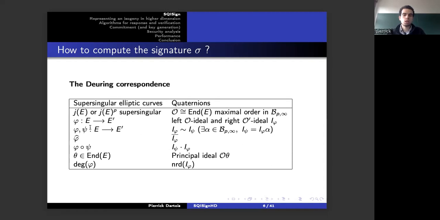Two isogenies with the same domain and codomain correspond to equivalent ideals in the quaternion world. The dual corresponds to the conjugate, and the composition corresponds to the multiplication of ideals. If we have an endomorphism, furthermore, it corresponds to the principal ideal generated by this element. And the degree is, of course, the norm of the kernel ideal.